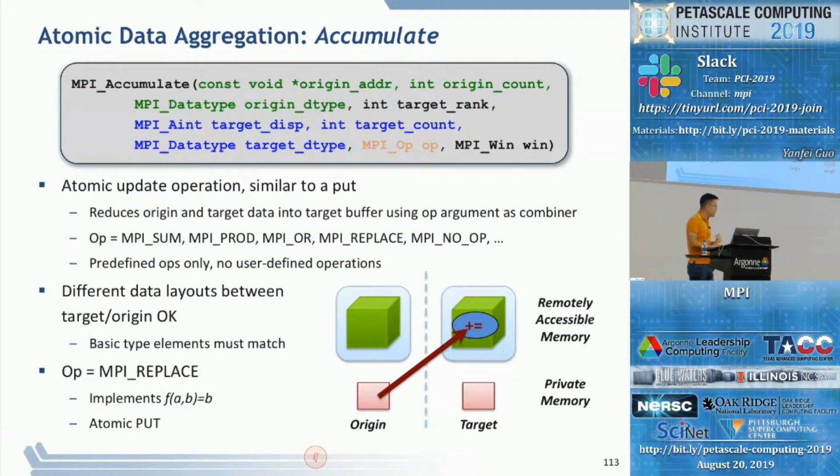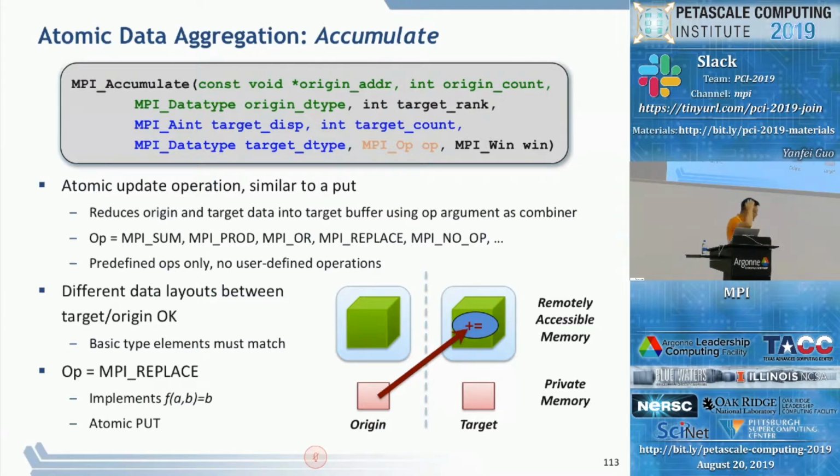That's a good question. So the question is: is the operation atomic with respect to an individual index or the entire window? The answer is that the atomicity is with respect to a single data type element.